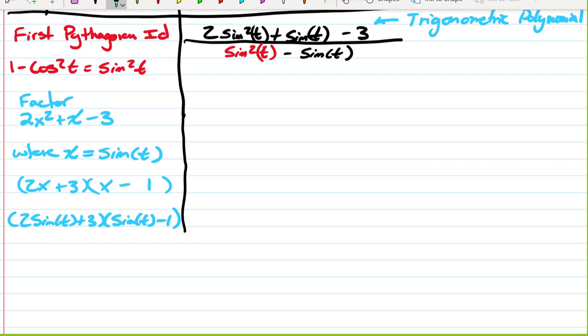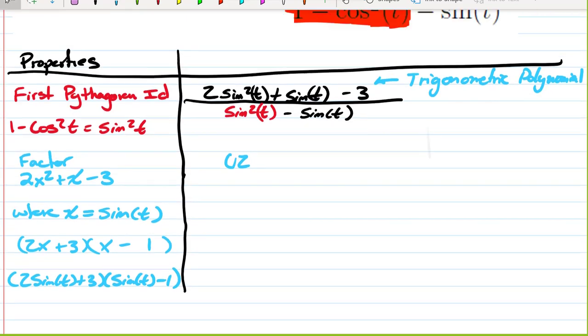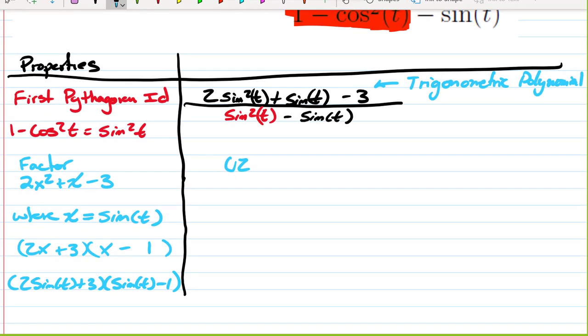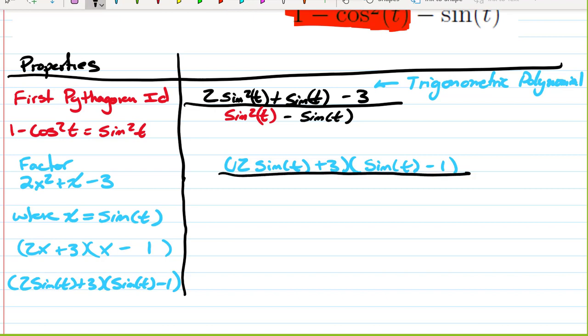So we factored our trigonometric polynomial to get 2 sine t plus 3 times sine t minus 1, all over sine squared t minus sine t.